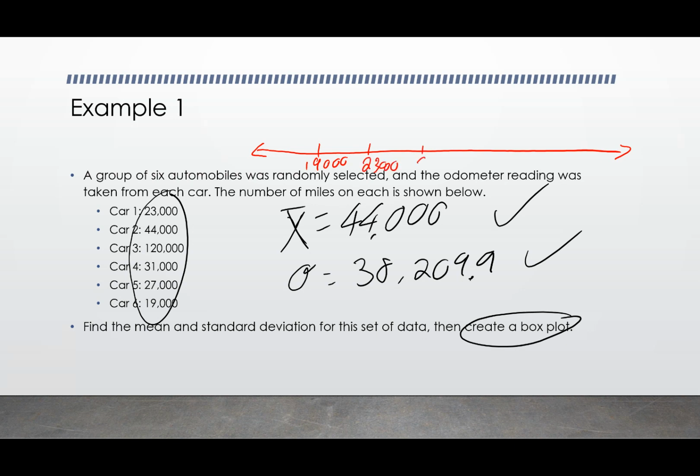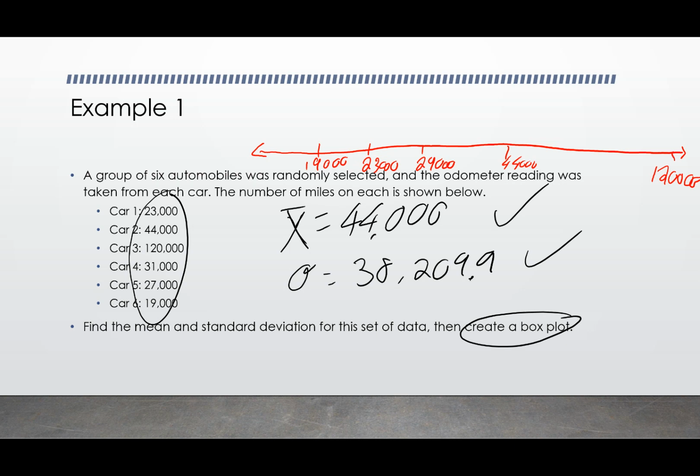Our median was 29,000. Our third quartile was 44,000. And then our maximum is actually way further out. That's going to get in the way. Our maximum is 120,000. So it's actually really far away from the rest of these.